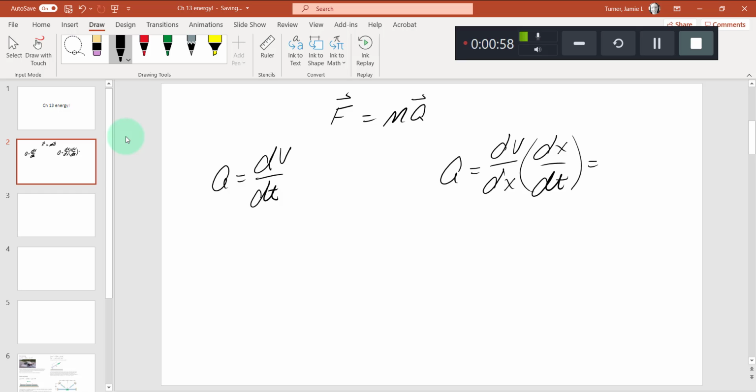Remember that? So the other way to think of acceleration is v dv dx. If you put a time dependency in this, it will turn into impulse momentum.